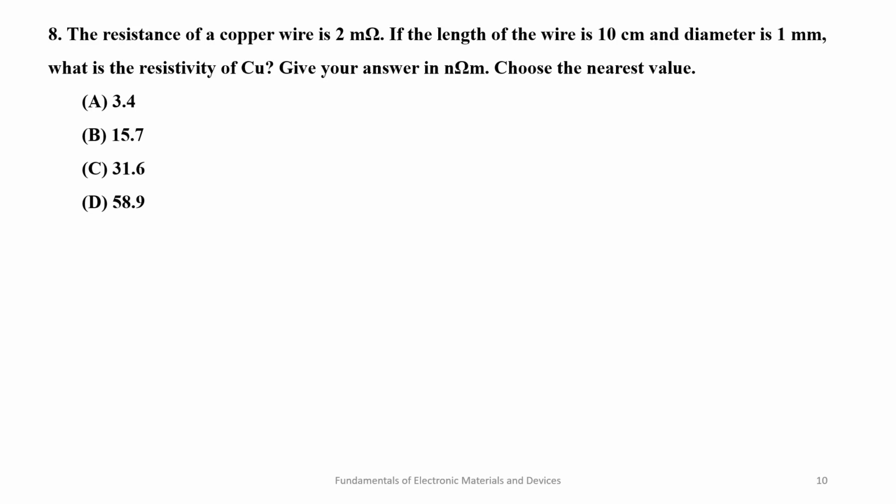So resistance, length, and diameter are given, and resistivity is to be found. It is the basic equation that you use in physics. If you know the relation between resistance, resistivity, length, and area, then you can directly substitute and find out.